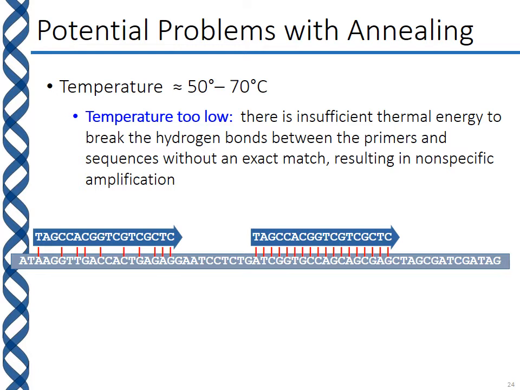So as we showed on the previous slide, if the temperature is too low, there is insufficient thermal energy to break the bonds between the primer and the DNA template sequence that is not an exact match, and that results in what we refer to as non-specific amplification.